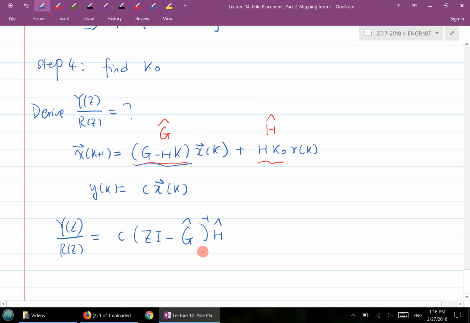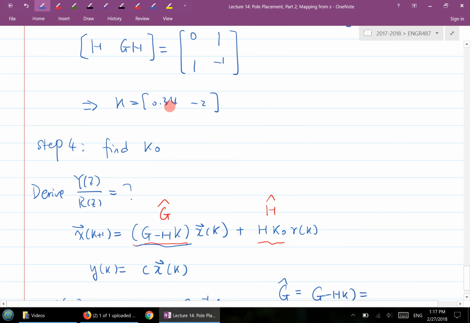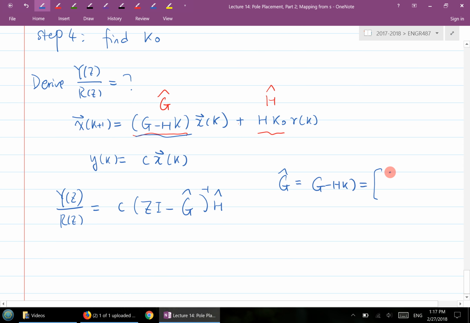So this is your pulse transfer function, and you can calculate G hat, where G hat is G minus HK. K is already calculated over here, and that calculation will give us 0, negative 0.5, 1, 1. So that's your G hat, and H hat is H times K naught. K naught we don't know, and we want to find it out.